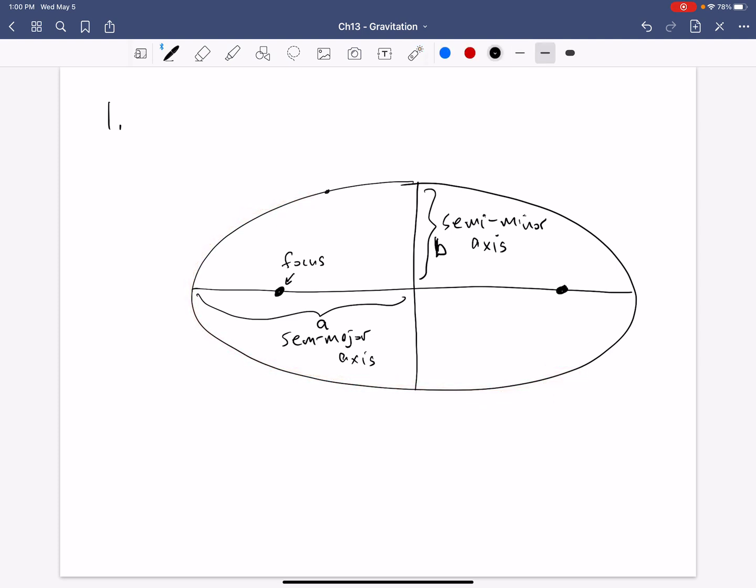Say this is a planet out here of mass lowercase m, traveling around, arcing in this ellipse, around and around. So this is his first law: all what he called satellites move in an elliptical shape with the sun at one focus point.